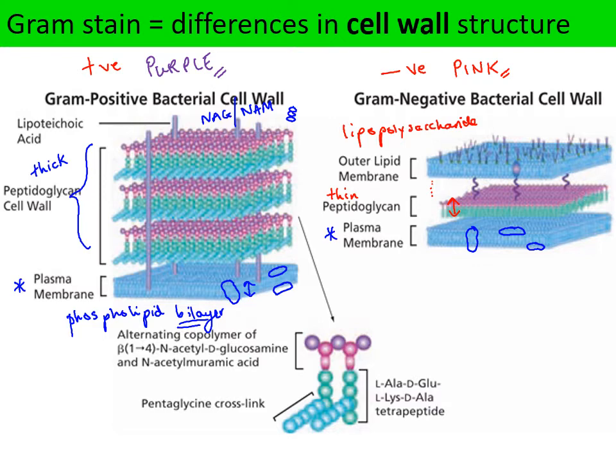Now this outer phospholipid bilayer is rich in these molecules called lipopolysaccharides, and you can actually see the polysaccharide attached to the lipid extends outwards from this membrane. So it's a lipopolysaccharide rich membrane on the outside of the thin layer of peptidoglycan. And it's this difference in cell wall structure that gives rise to the differences in appearance after the gram stain.